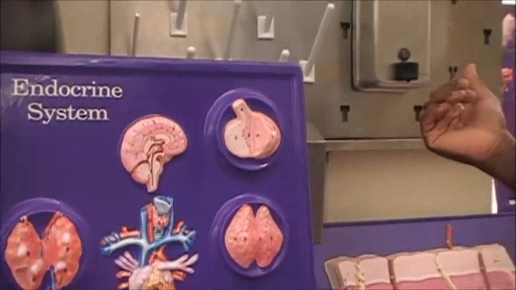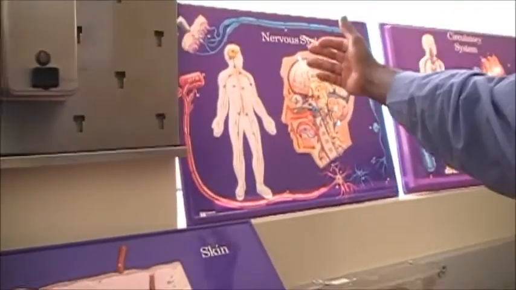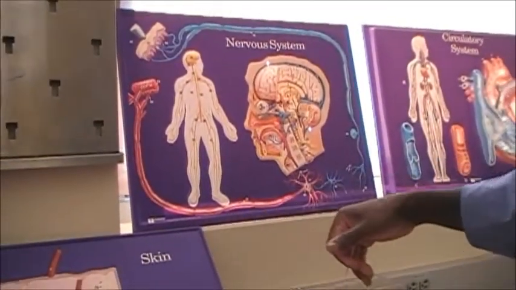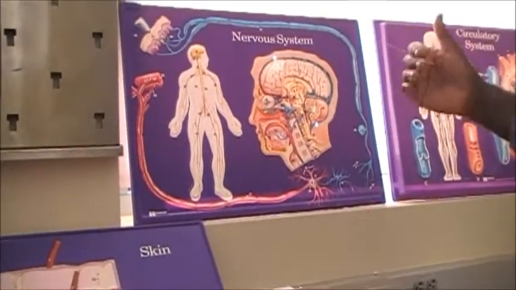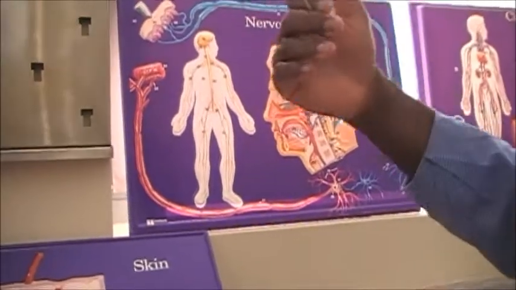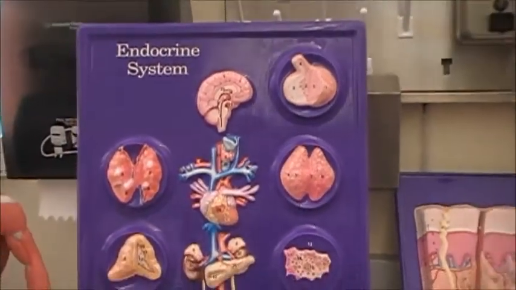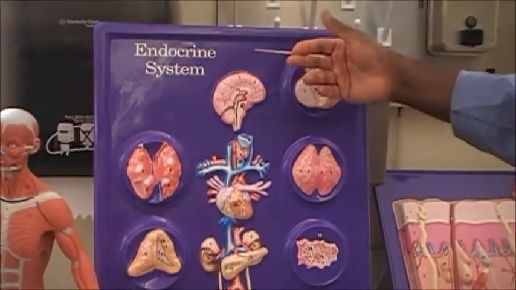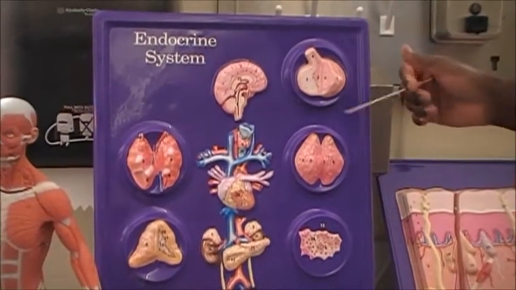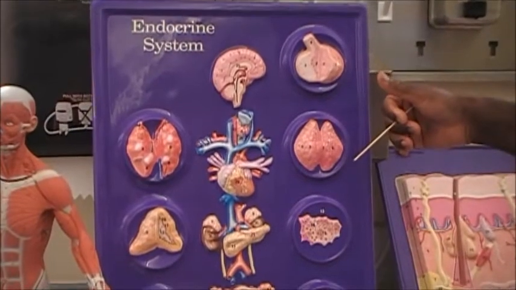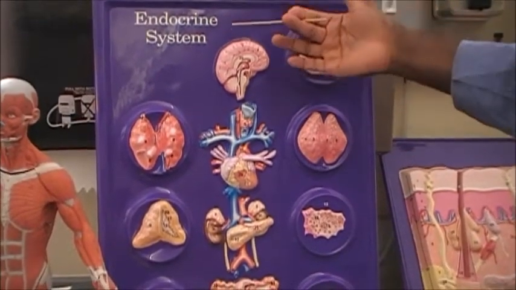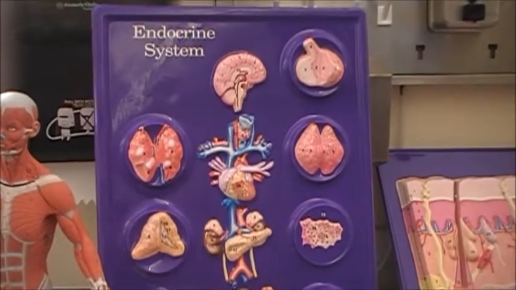Nervous system is fast action, speedy, if you will, quick response, whereas the endocrine system will be a slower system. All endocrine organs produce their hormones directly into the blood. That's what makes endocrine different from exocrine.